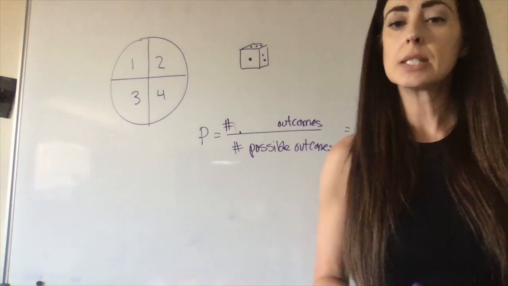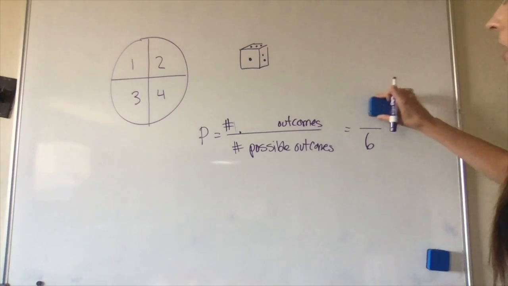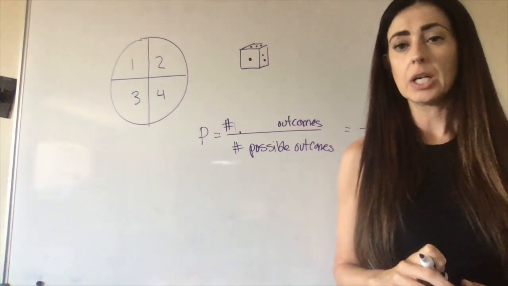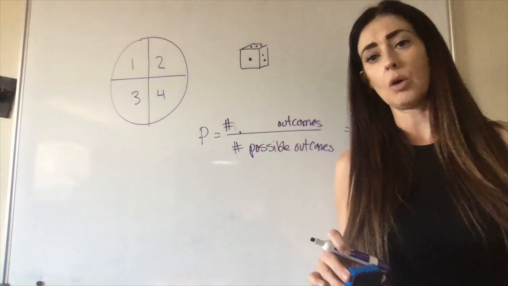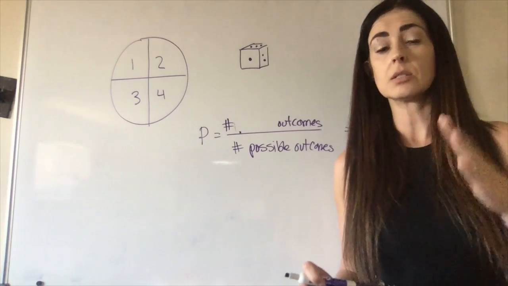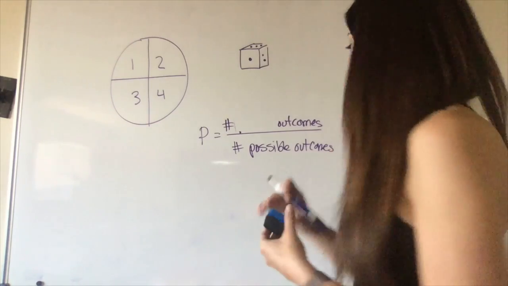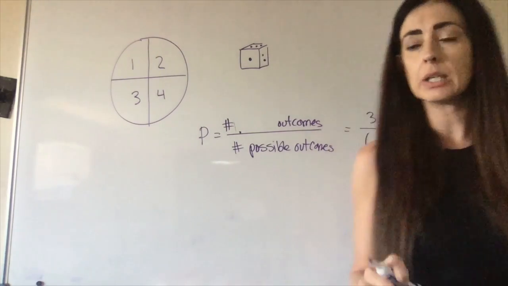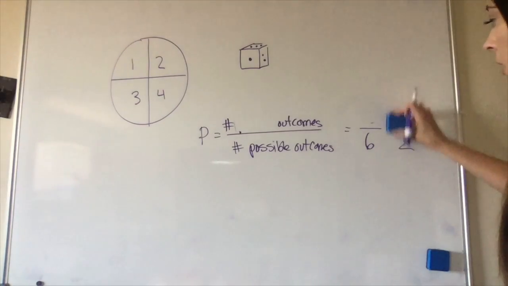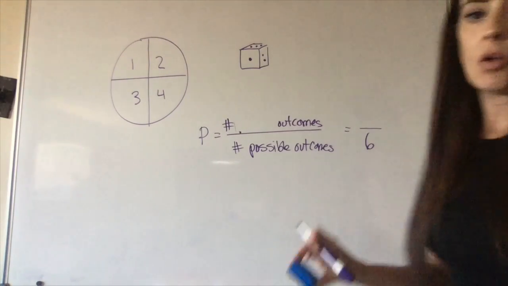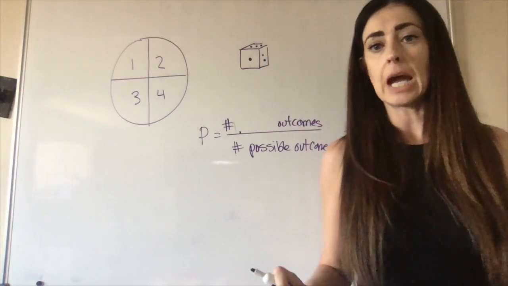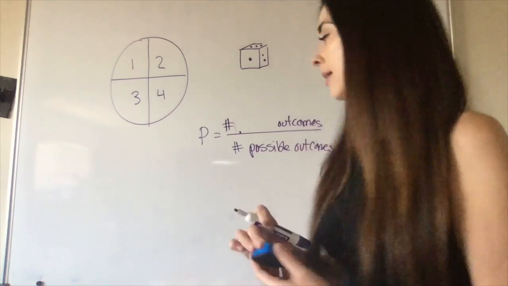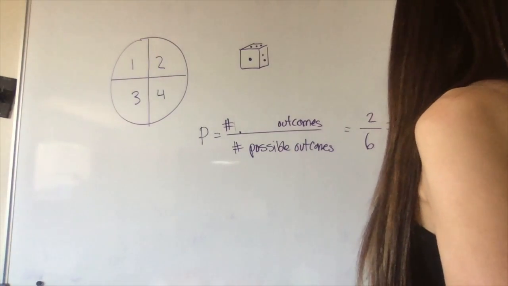What's the probability that you're going to roll an even number? Dice go from 1 to 6, so 2, 4, and 6. So 3 out of 6 or 1/2. What's the probability that you would roll a number greater than 4? What numbers are greater than 4 on a die? Only 5 and 6. So we have 2 out of 6 or 1/3.